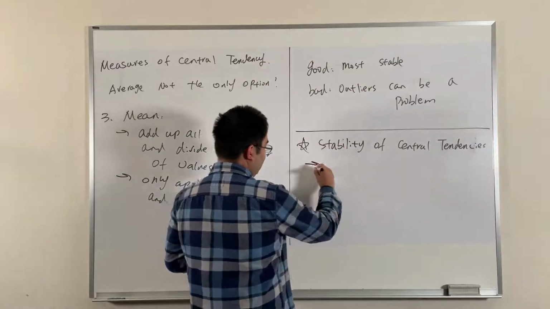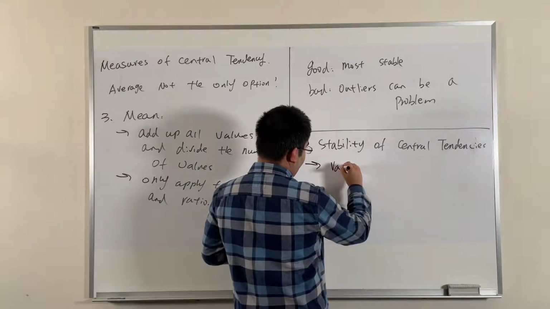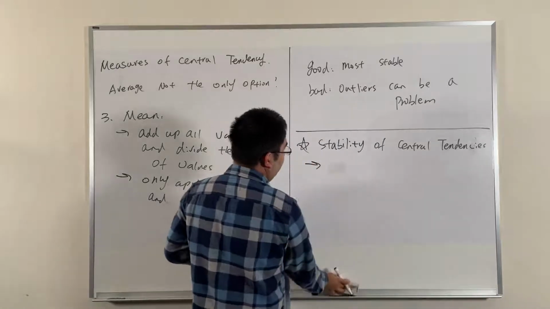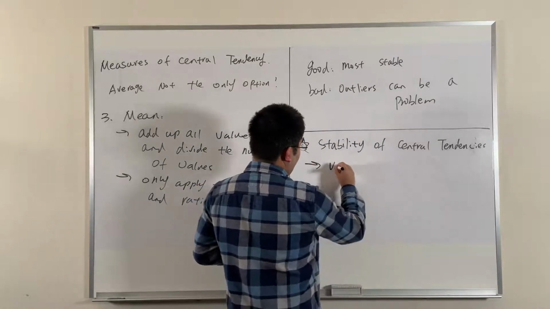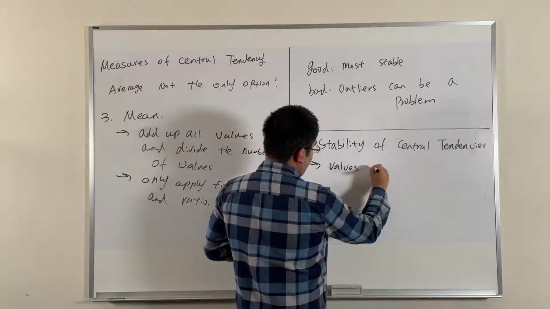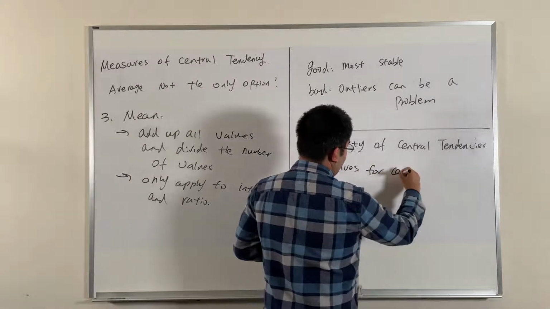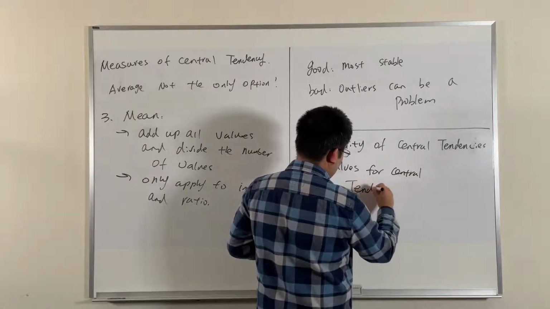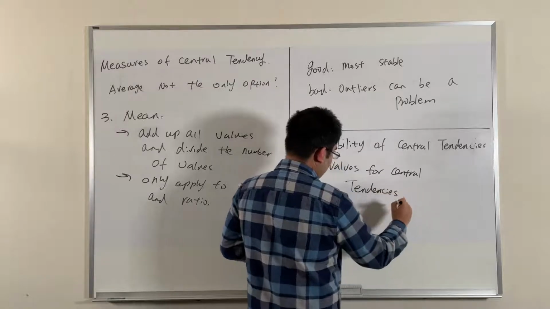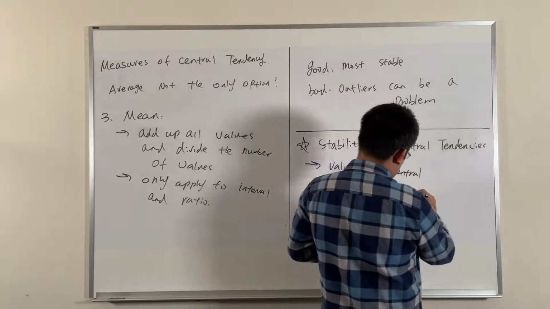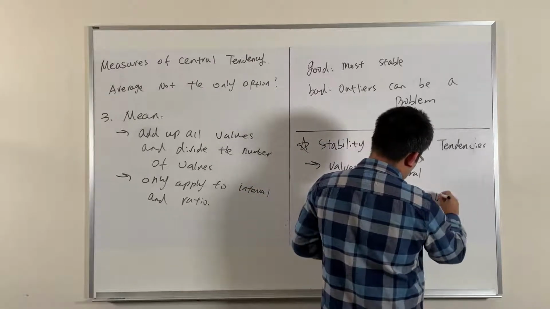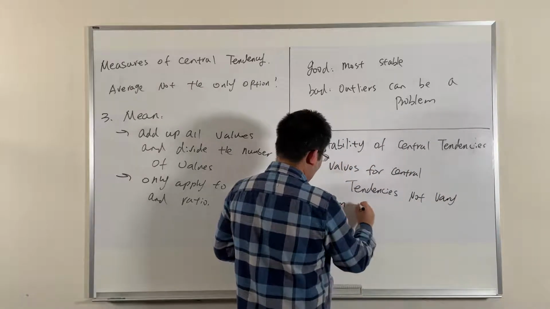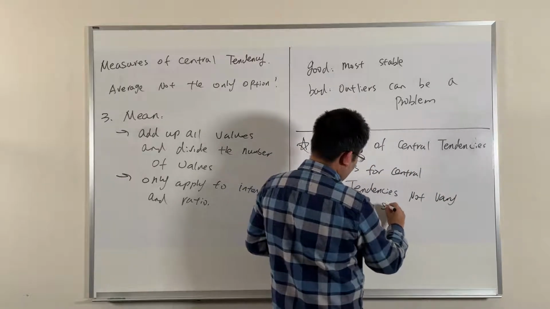It means the values for central tendency do not vary from one sample to another.